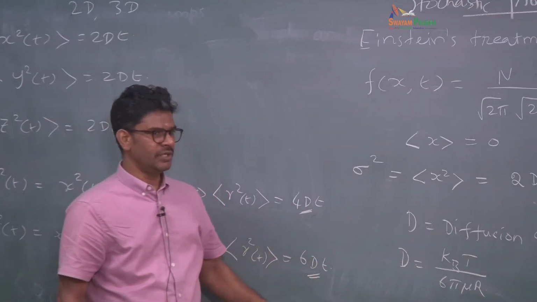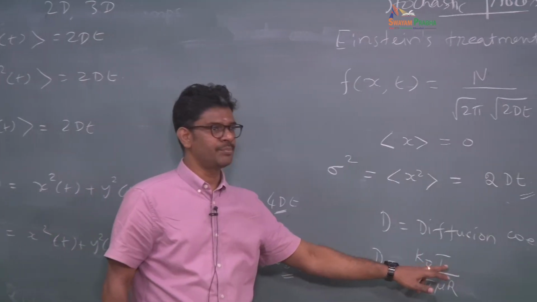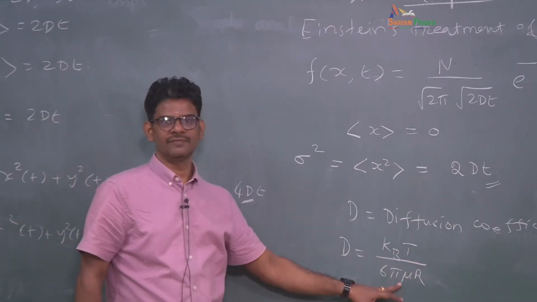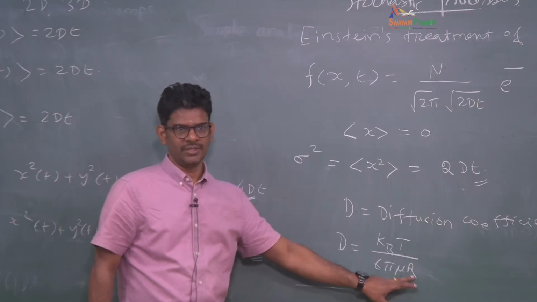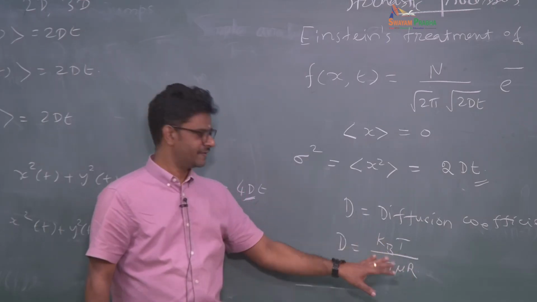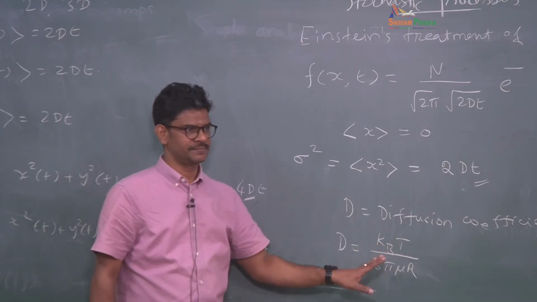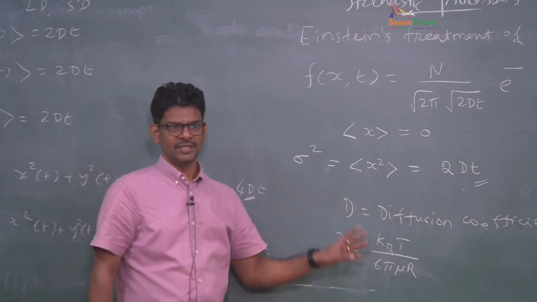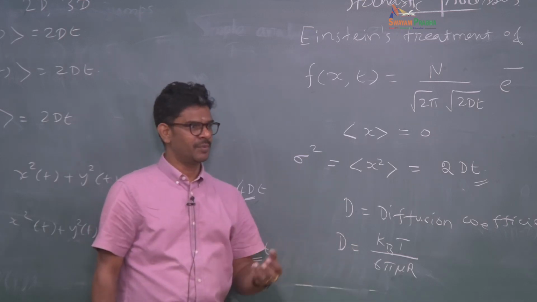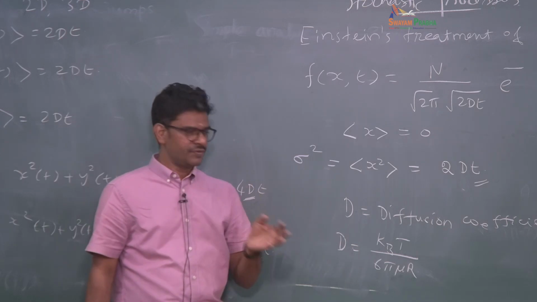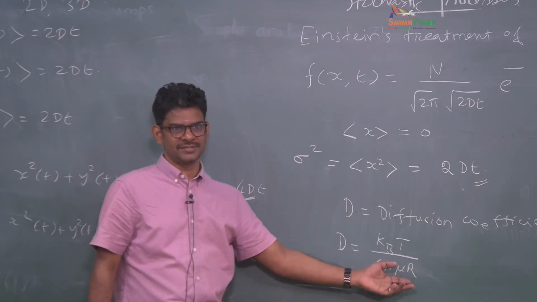If you want to increase the diffusivity, you have to increase the temperature, or decrease the viscosity, or decrease the particle size. You see that the diffusion coefficient is only affected by these 3 variables, nothing else, right? Whether you have a metal particle or an oxide particle, or a polymeric particle, doesn't matter. The chemical makeup of the particle does not factor in here, only the size does.